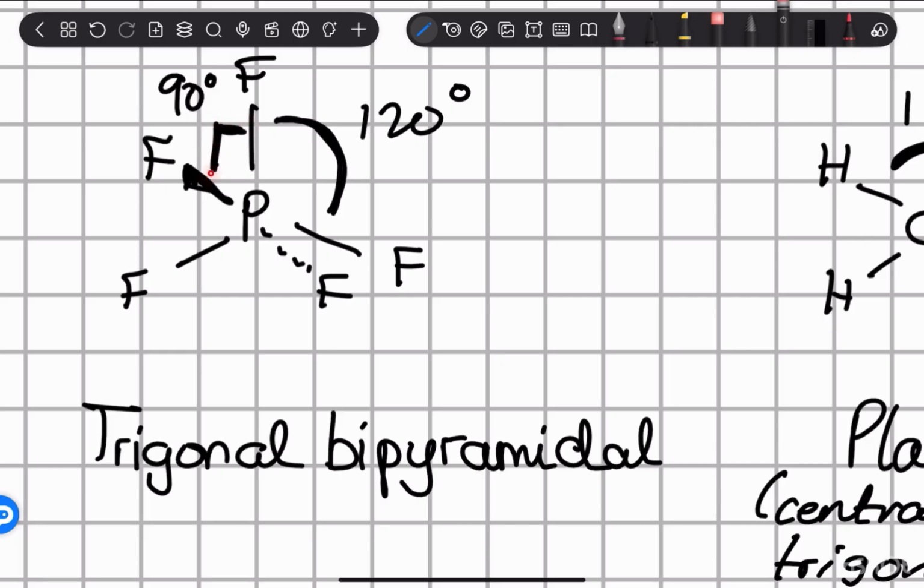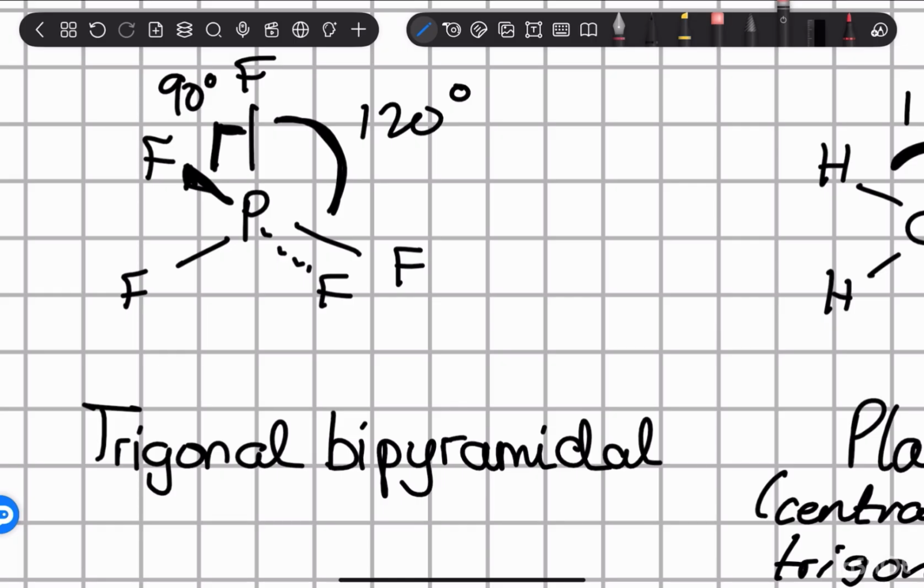And that angle between the, okay, so we can call them, I forgot what they call them, but I feel like they're called equatorial and axial. I'm so sorry for this. I'm gonna call it longitudinal and latitudinal.